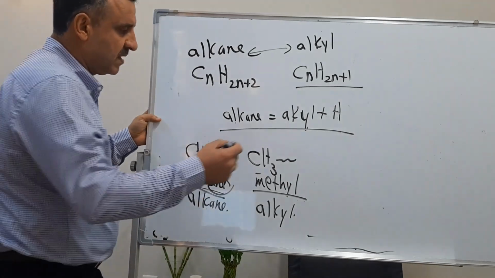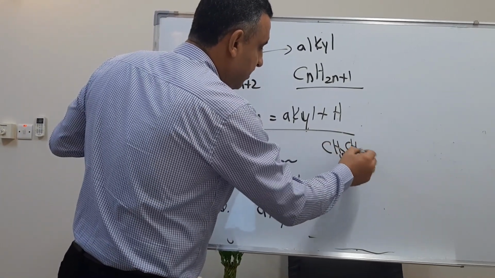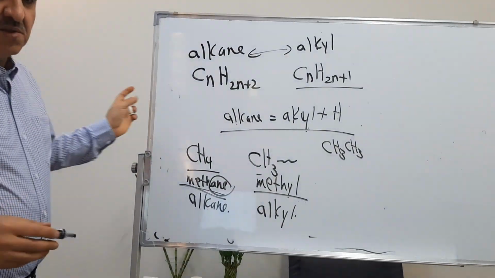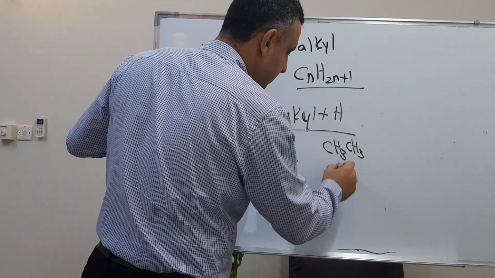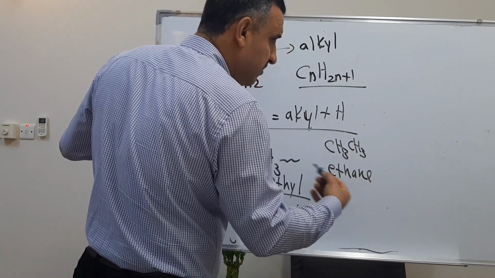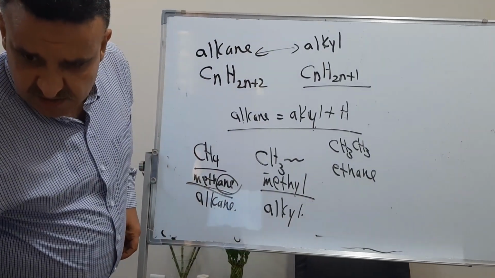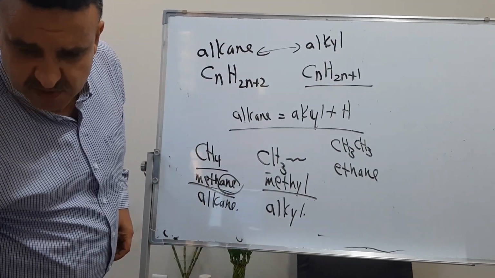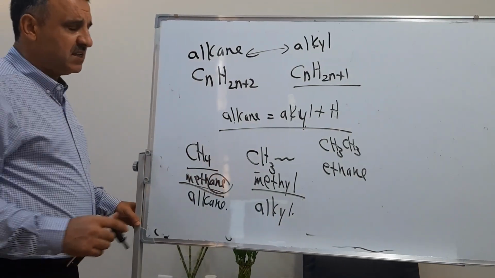Another example. If we have CH3, CH3, from the table you have its name, it must be ethane. So ethane is the name of the alkane, right? The ethane is the alkane.